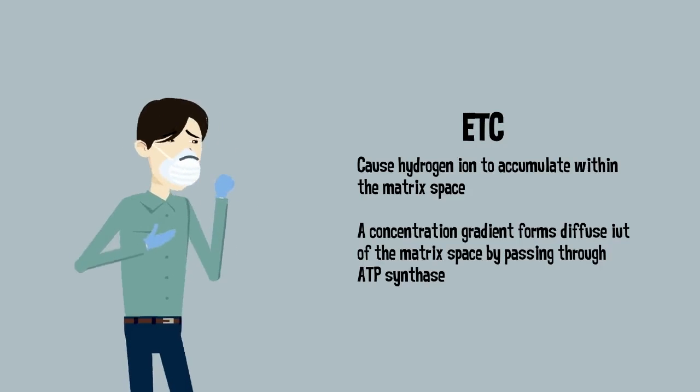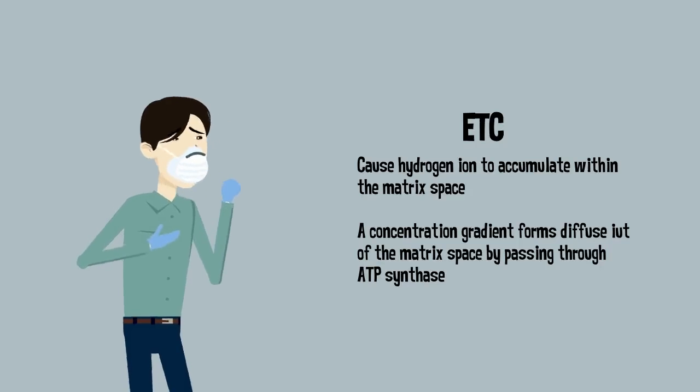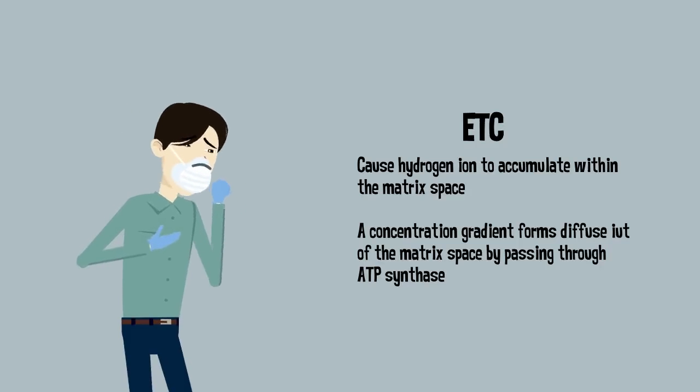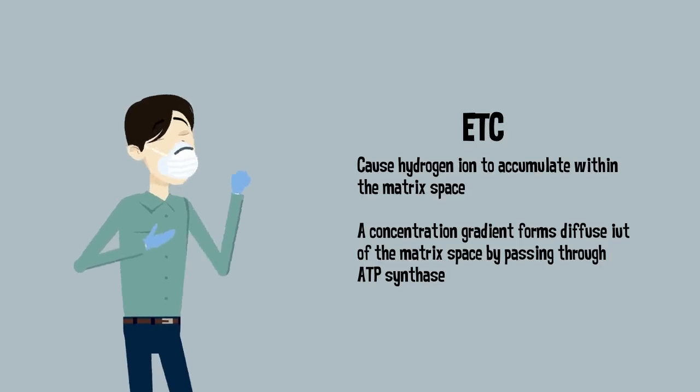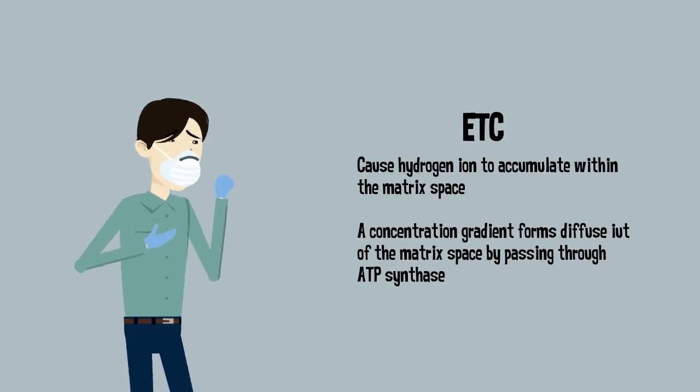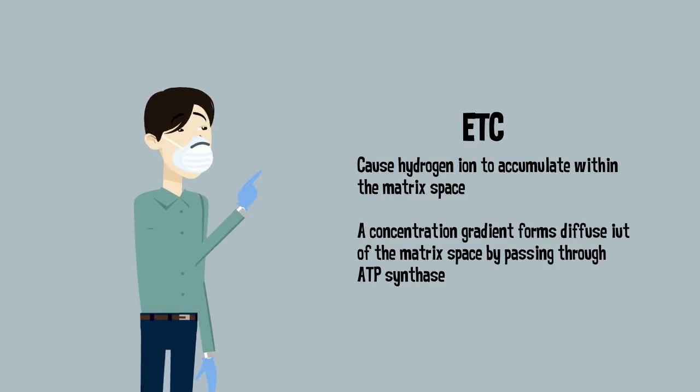This causes hydrogen ions to accumulate within the matrix space. Therefore, a concentration gradient forms in which hydrogen ions diffuse out of the matrix space by passing through ATP synthase. The current of hydrogen ions powers the catalytic action of ATP synthase, which phosphorylates ADP, producing ATP.